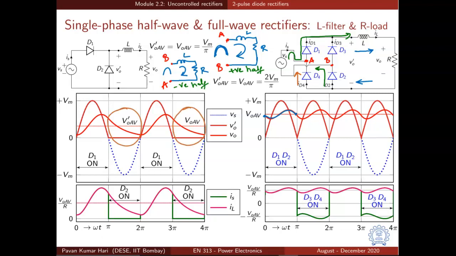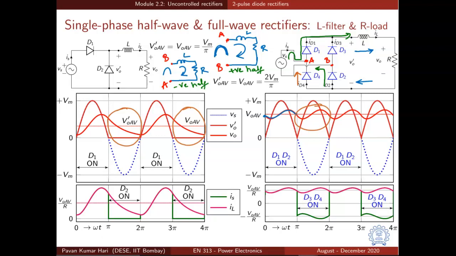Because in the negative half, diode D2 was conducting and the RL circuit is simply shorted at the input. So VO dash is 0. That is why we have this exponential fall interval. Whereas here, we don't have that exponential fall interval because the flipped version of the input voltage is getting applied across LR, and it will have a similar variation as that in the positive half, and it will continue.